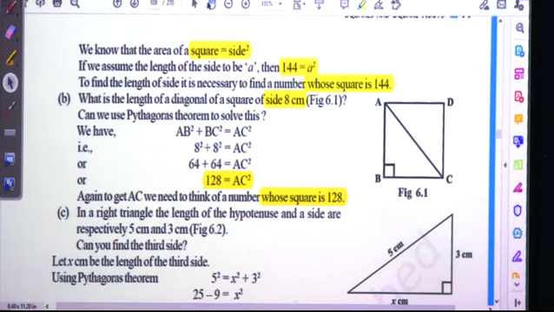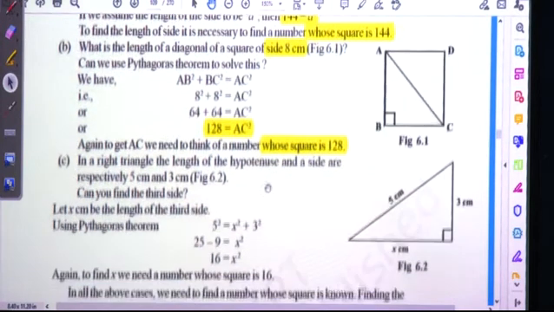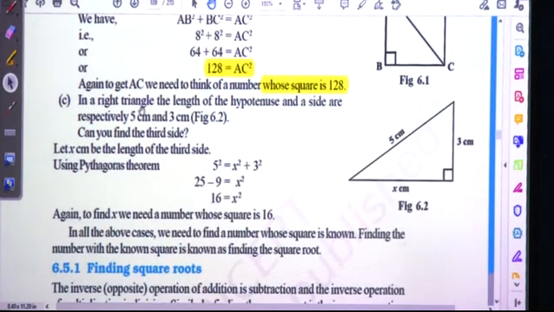Okay. Proceeding further, the third example: in a right triangle, the length of the hypotenuse and a side are respectively 5 centimeter and 3 centimeter.